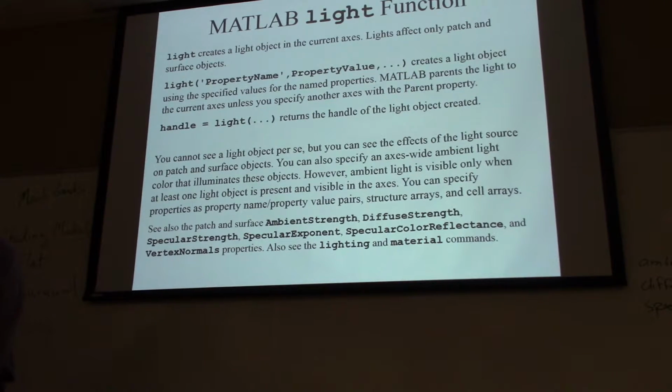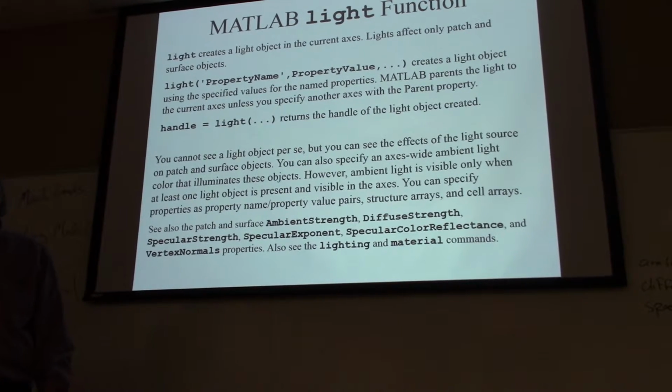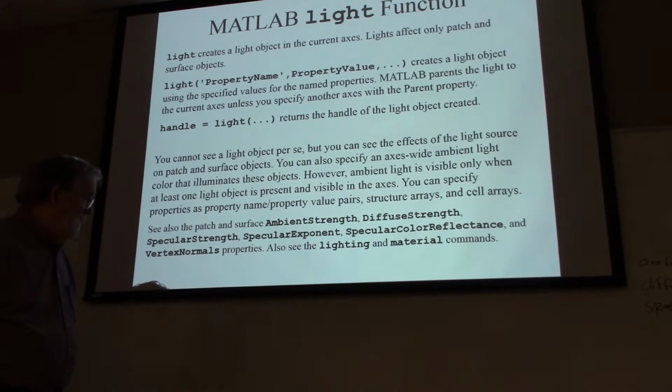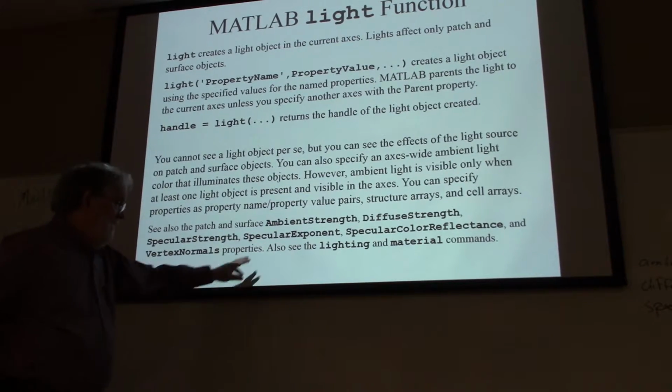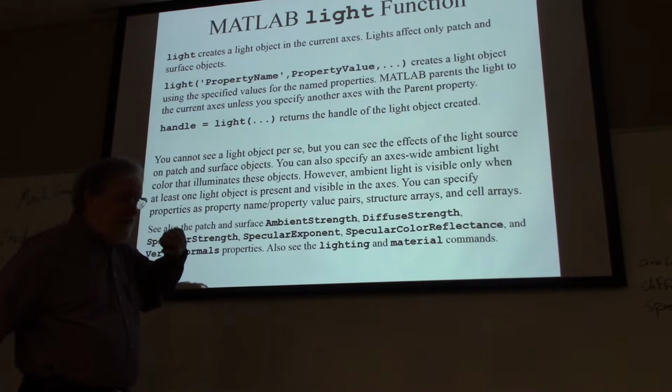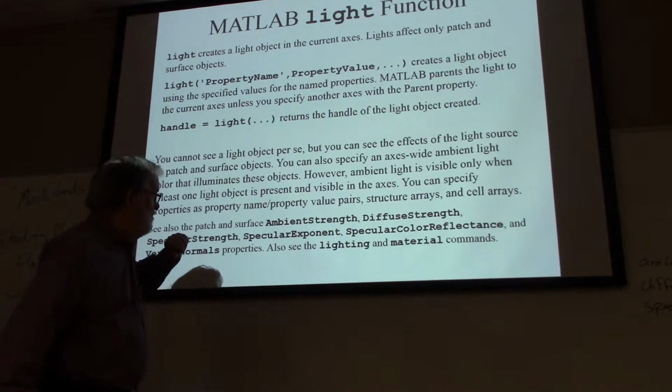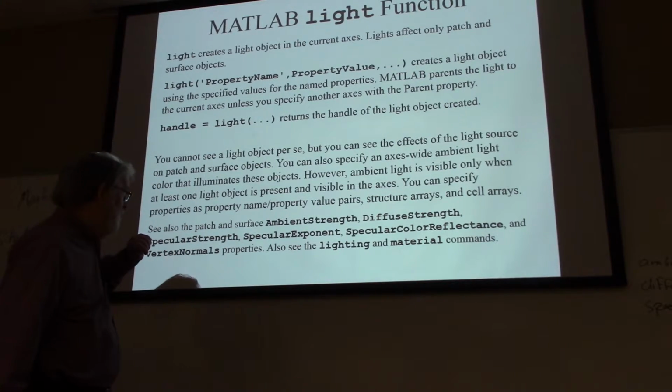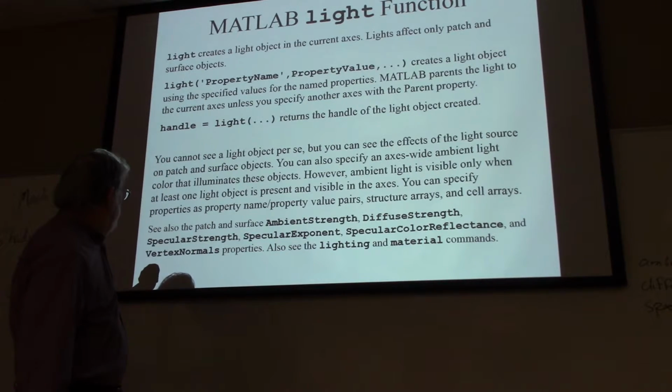There is a light function, and a light source. You can define the strength of the ambient term, the diffuse term, and the specular term. Yeah, there's the light objects.